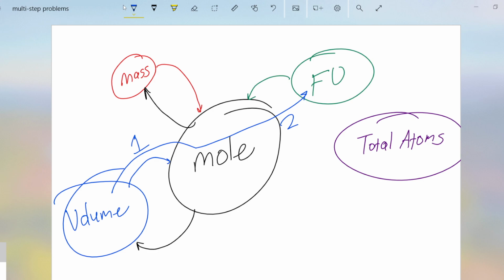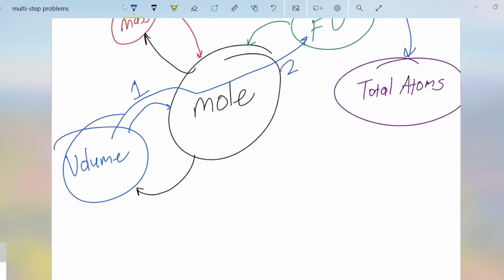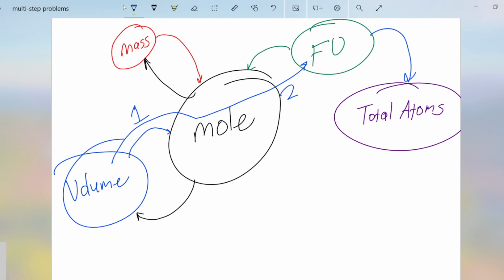If I want to go further from there, I could go all the way to Total Atom Island if I had a multi-atom molecule and I wanted to say, how many atoms of copper are there in 36.7 liters of this weird gas? Something we could certainly do, and there's a lot of reasons to do multi-step problems, but we should probably just get some examples started.